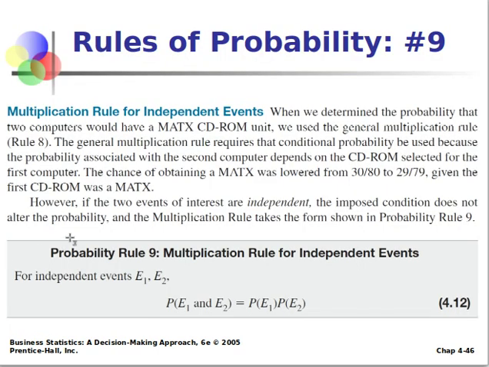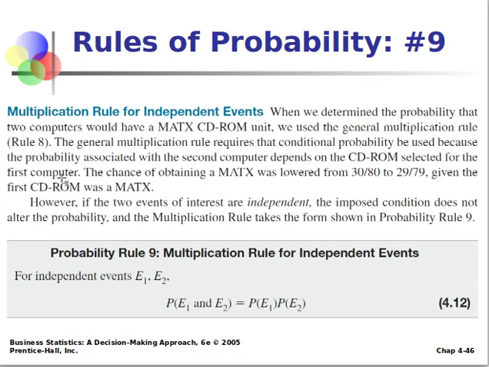Okay, let's go ahead with rule number 9 for the rules of probability. This is the multiplication rule for independent events. When we determined the probability that two computers would have a MATX CD-ROM unit, we used the general multiplication rule, rule 8.